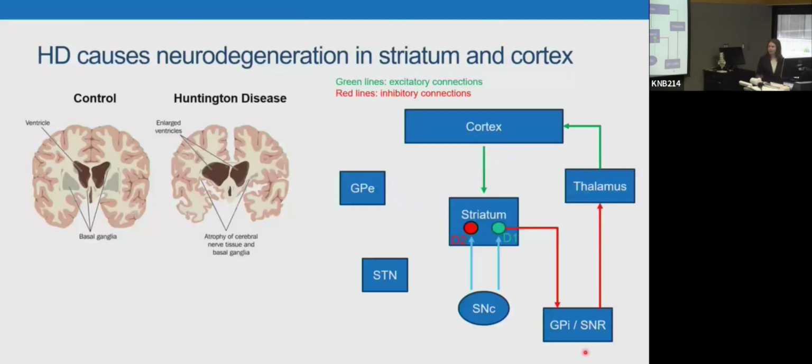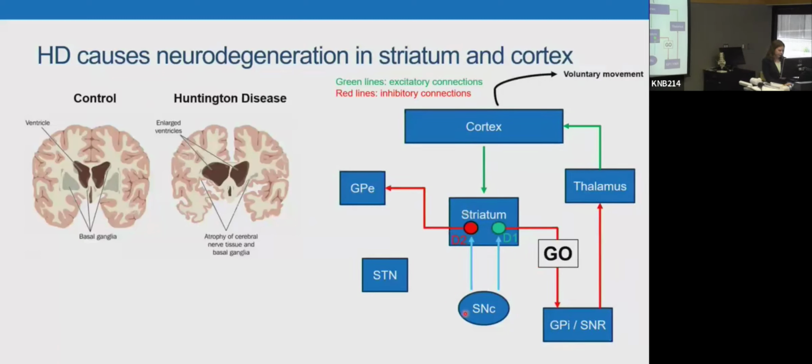And the most important thing to know is that the end result is excitatory input to the cortex, activating the cortex, which leads to voluntary movement. So this pathway is involved in initiating voluntary movements, and sometimes it's referred to as the GO pathway as a result. The other pathway is the D2 pathway, also called the indirect pathway.